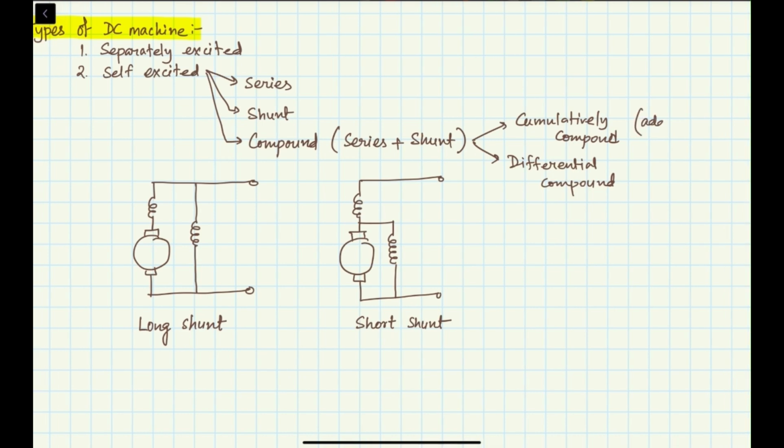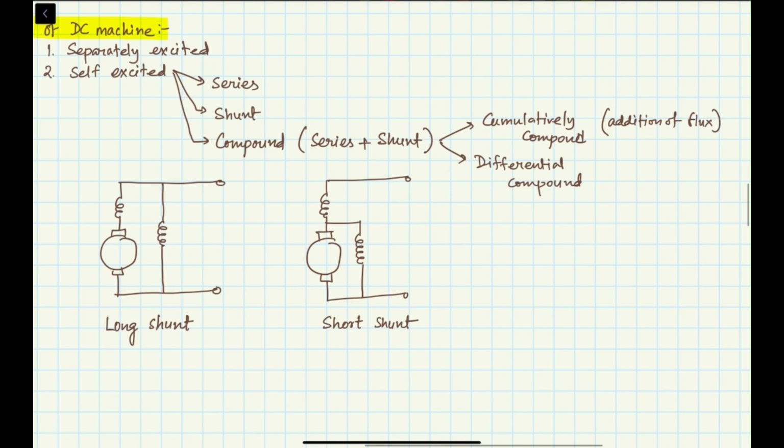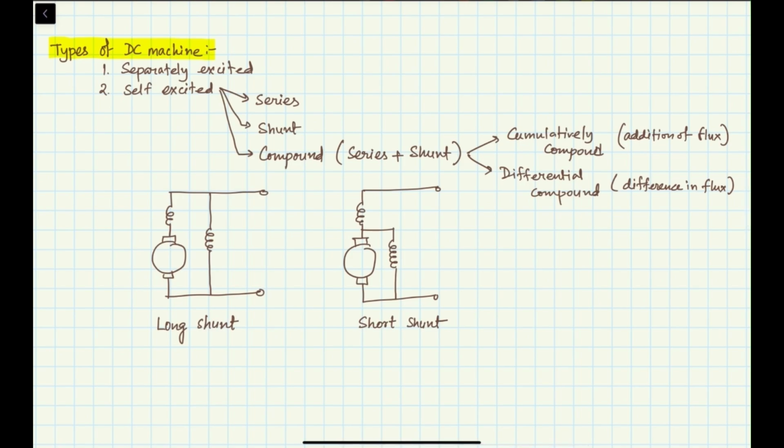So this is addition of flux. And differential, you know the meaning of differential, right? Differential is reduction, or better to write, difference in flux. So one flux will be opposing the other flux. These are the types of different connection.